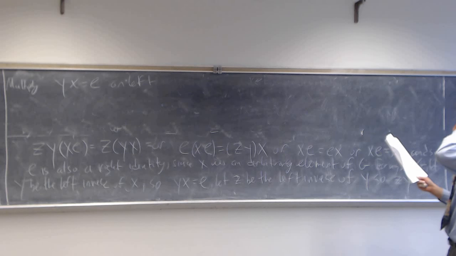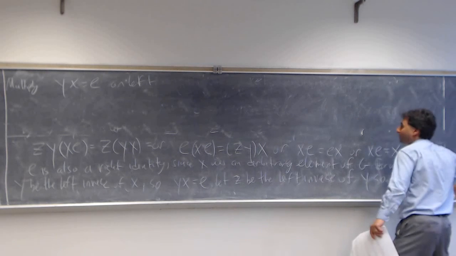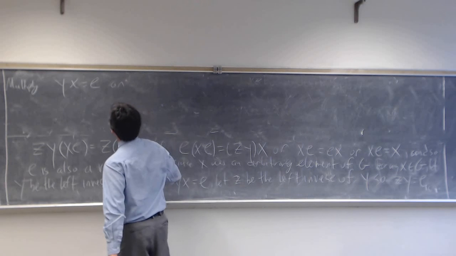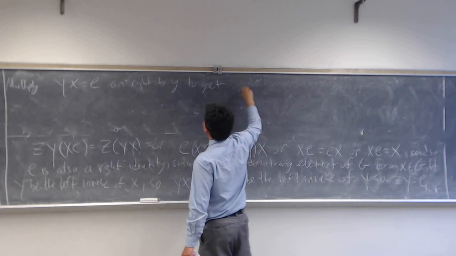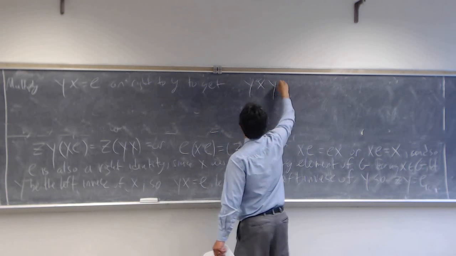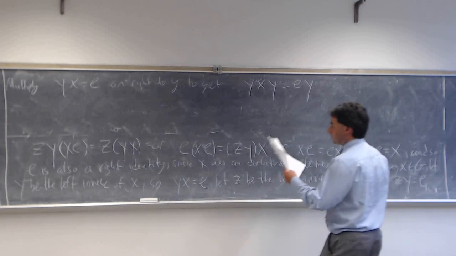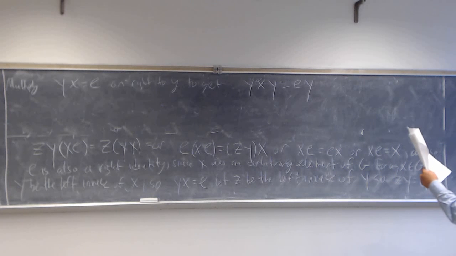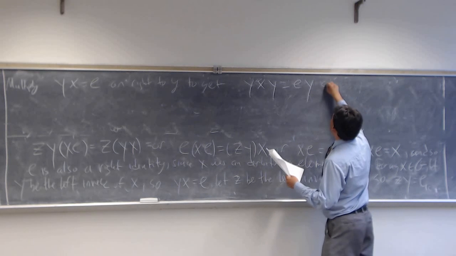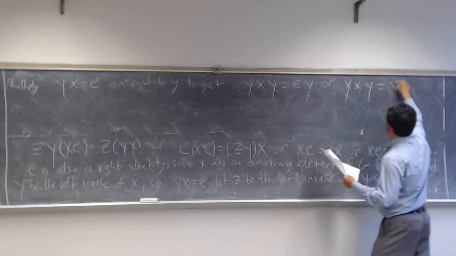We have yx equals E. Let's multiply on the right by y. And that's to get yxy equals Ey, which is just the same as yxy equals y.